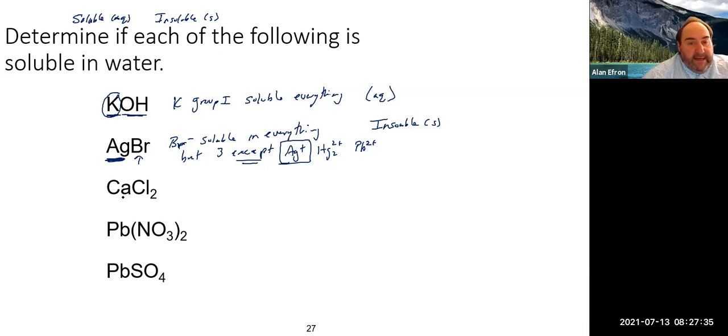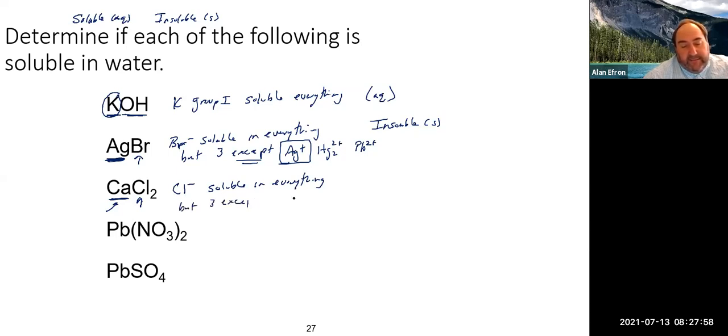When we look at calcium chloride, here we have kind of the same idea. We might not be able to find calcium, but we can look at chloride. Chloride, much like bromide, is soluble in everything, but just like bromide, has the same 3 exceptions.